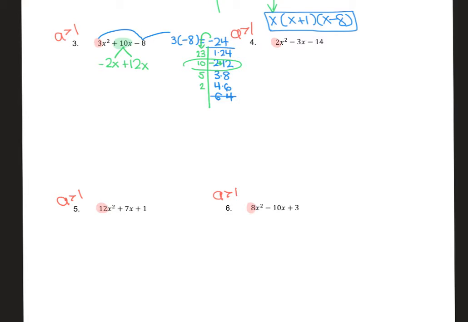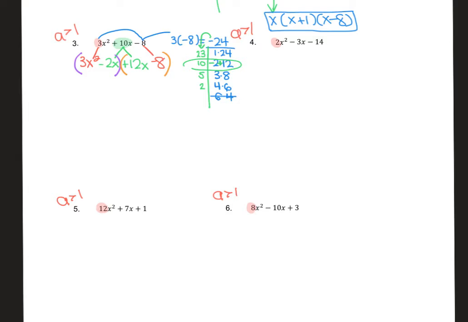I bring down the 3x squared, I bring down the negative 8. So now all I've done is I've made two equivalent expressions, the first one and the second one. The first one has 3 terms, the second one has 4. I put parentheses around the first one, or I'm sorry, the first 2 terms, and I put parentheses around the second 2 terms.